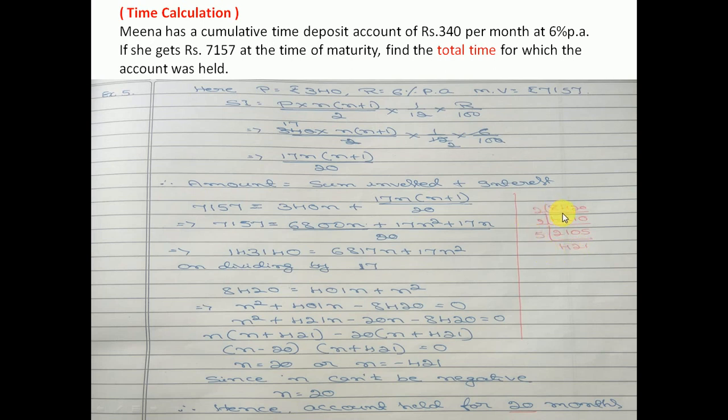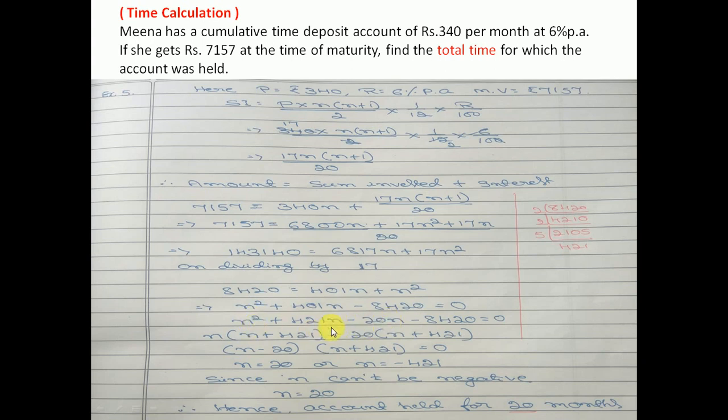Then the product comes to 8420. We are getting the product part, as well as 421 minus 20, we get 401, which means our problem is solved. So you can split 401 n as 421 n minus 20 n.